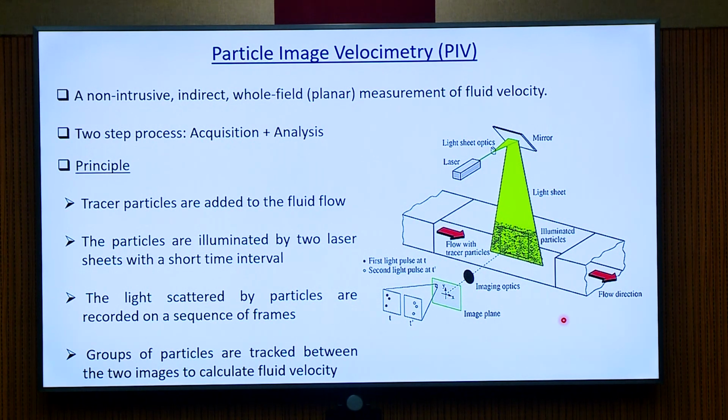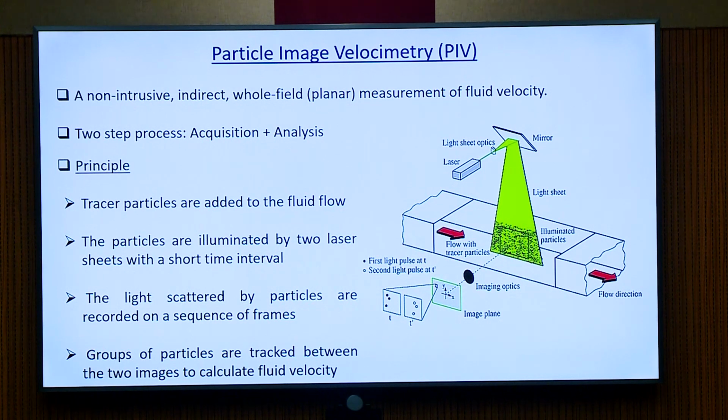So we add some particles, so we are not imaging the flow or the fluid, but the particles rather. So that is why it's called particle image velocimetry. And it's a two-step process overall. First, acquisition of the images, and second, processing of the images. So both are equally important in this technique.